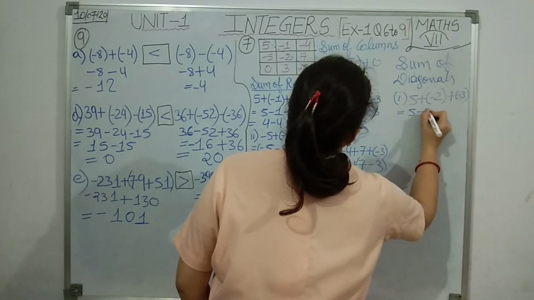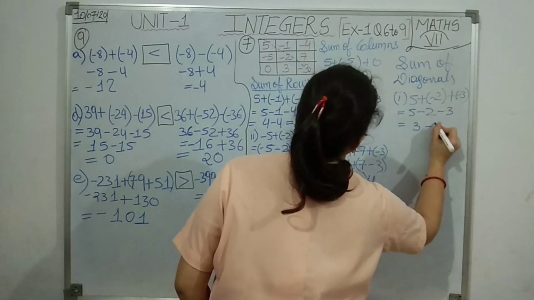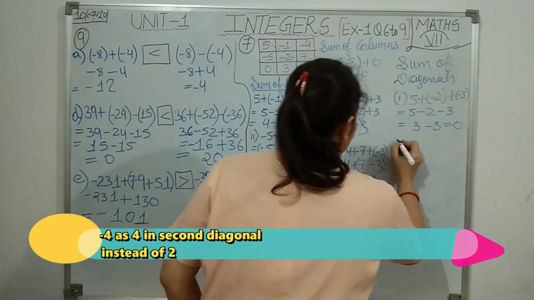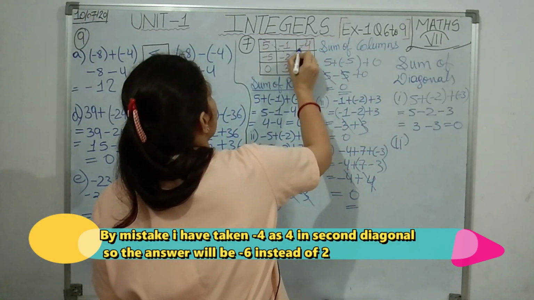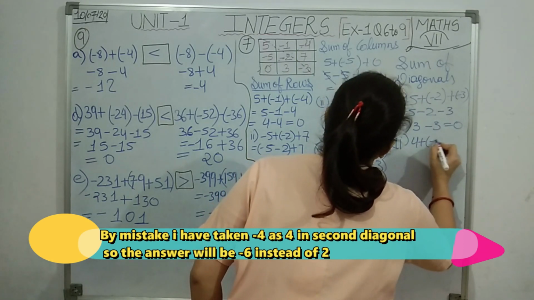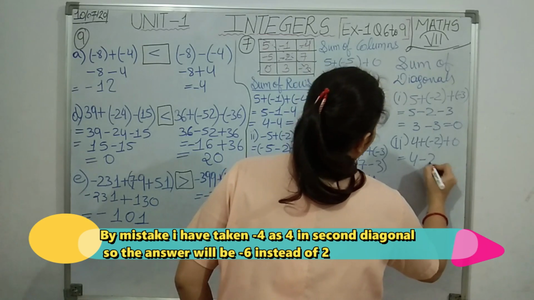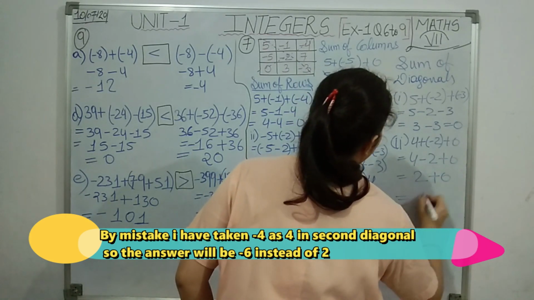So 5 minus 2 you will get 3, 3 minus 3, again the result is 0. Then the second diagonal will be this one, students. 4 plus (−2) plus 0. Now 4 minus 2 is 2, 2 plus 0. The answer is 2.